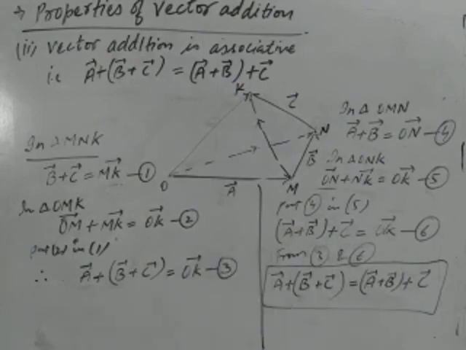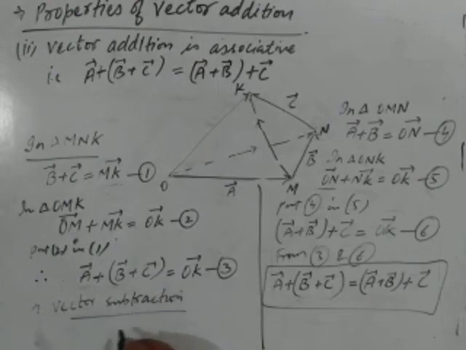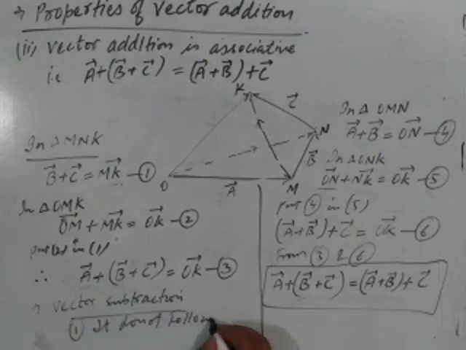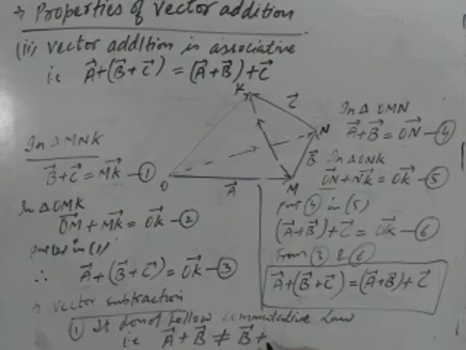In comparison to vector addition, vector subtraction does not follow the associative law as well as the commutative law. So vector subtraction does not follow the commutative law, that is, A vector minus B vector is not equal to B vector minus A vector.